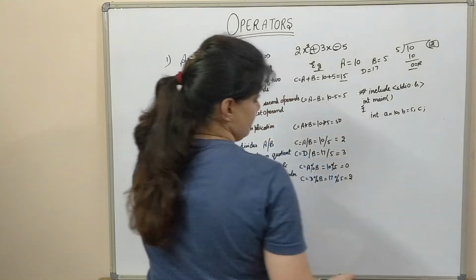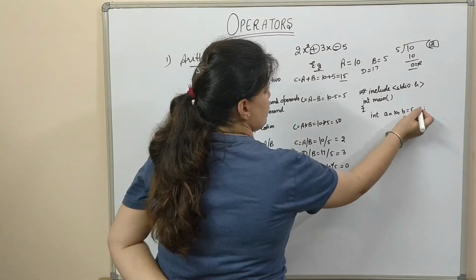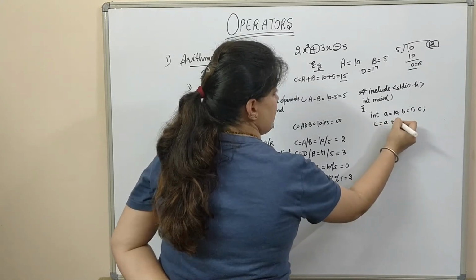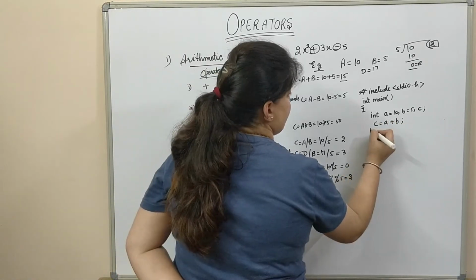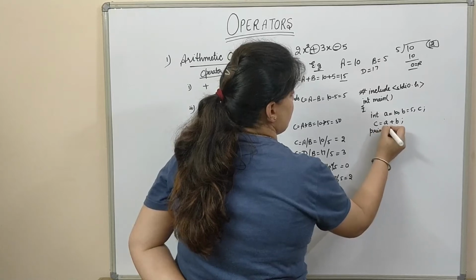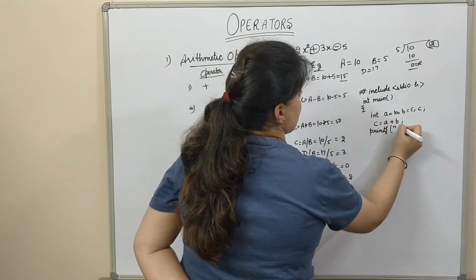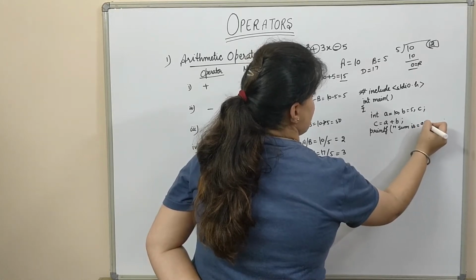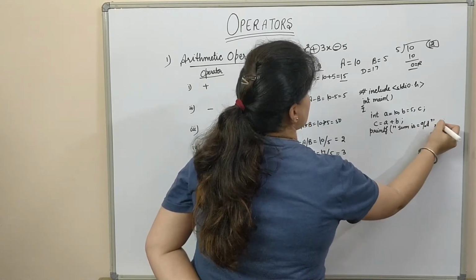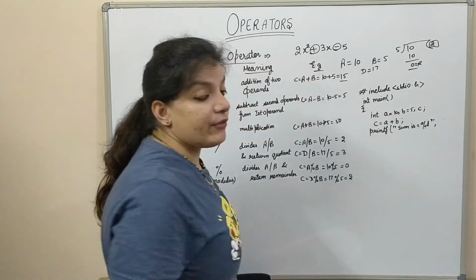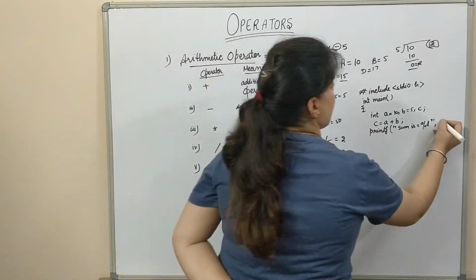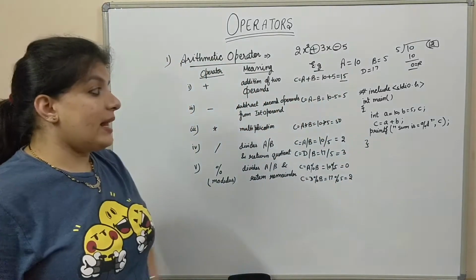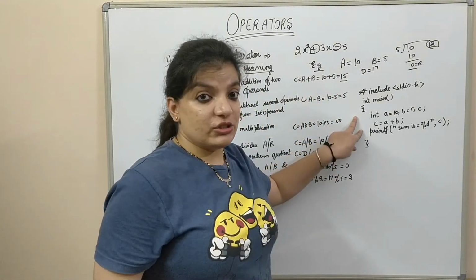Now if you want to add two numbers, here we will write first C is equal to A plus B, then we will use the printf statement to print the output. The sum is equal to %d, which we also need to use because it is an access specifier for integer numbers, and here we will write C. So this code I have written here is only for addition of two numbers.